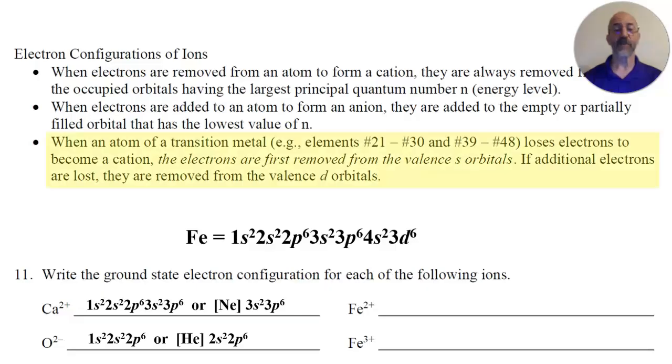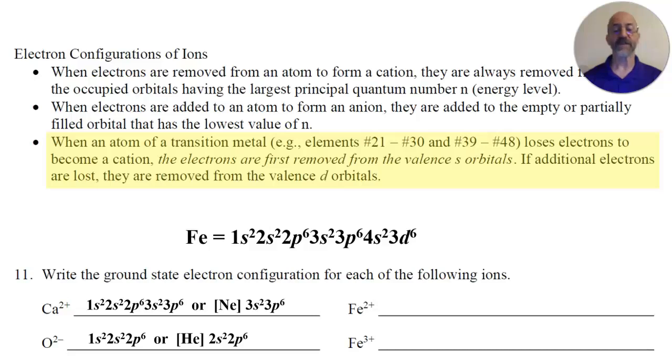And so in that video, I talked about what happens when an atom of a transition metal, for example, elements 21 through 30 and elements 39 through 48, lose electrons to become a cation: the electrons are first removed from the valence s orbitals. And if additional electrons are lost, then they are removed from the valence d orbitals.